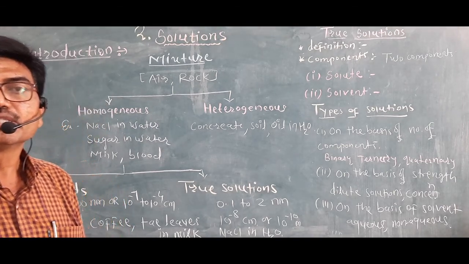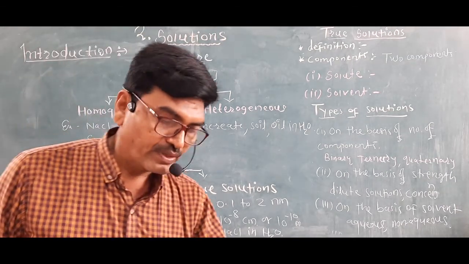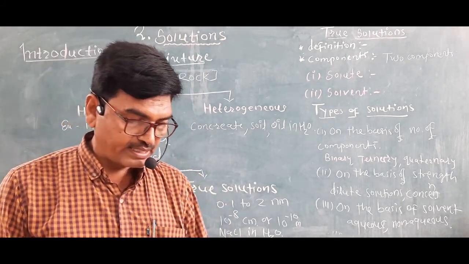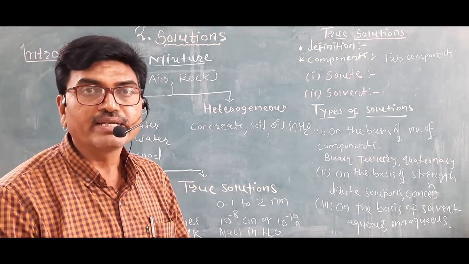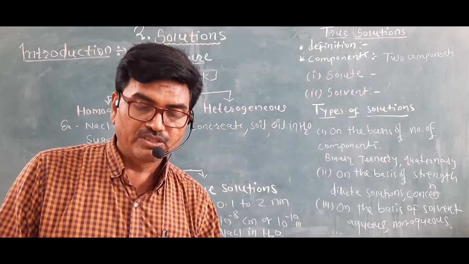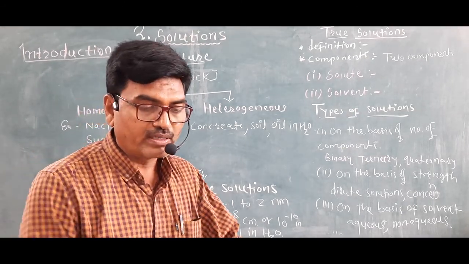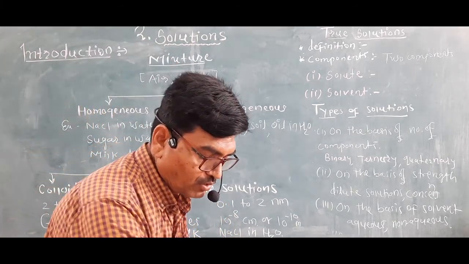When NaCl, sodium chloride salt, is dissolved in water, we will get a true solution. Depending upon the size of particles, when NaCl is dissolved in water, we get a true solution.